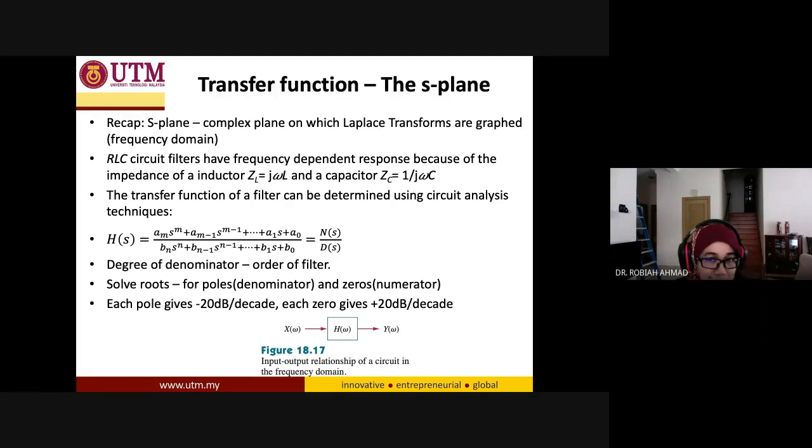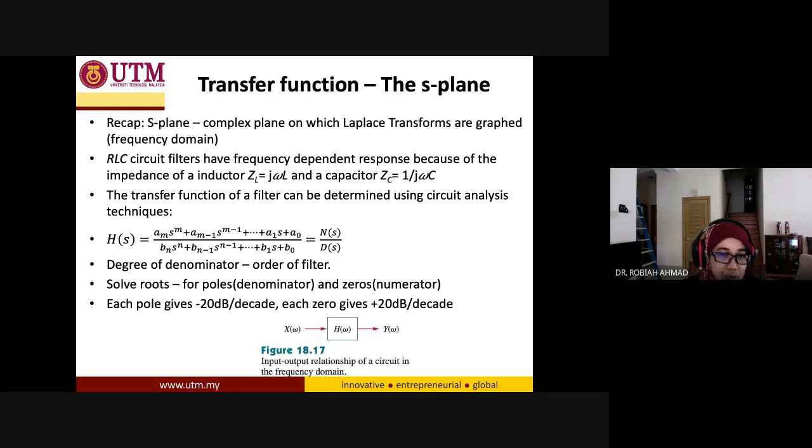The one that you learned from Dr. Liza about Laplace transform. The S-plane is a complex plane on which Laplace transforms are graphed in frequency domain. It's just like what we did before when I described the complex number, the real axis, the imaginary axis. So that is what it is all about, the frequency domain.